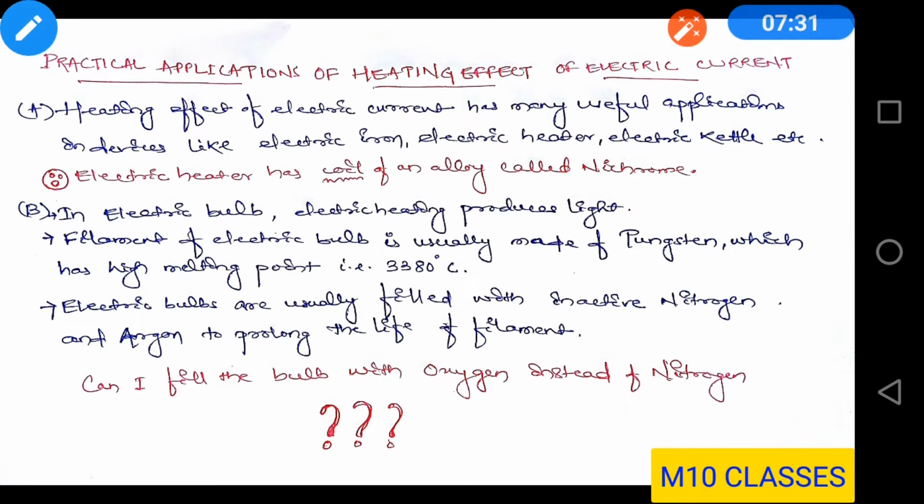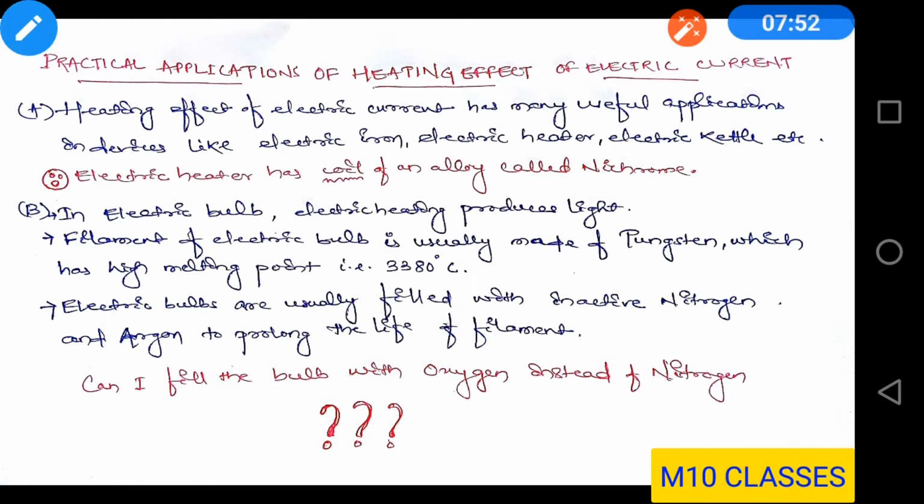But you might think that whenever you turn on the switch or the supply, the coil heats up, but the cord doesn't. Why is it so? The cord which connects the supply to the heater is made of copper, which has very little resistance.